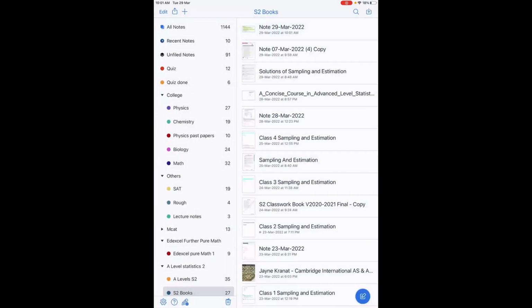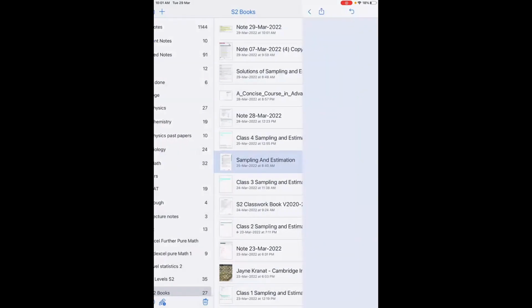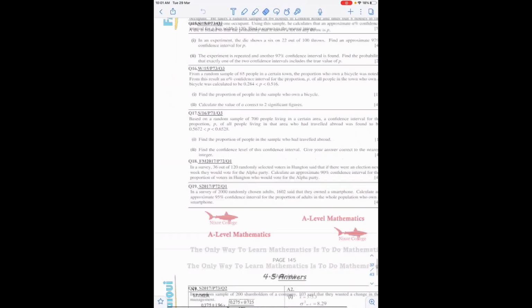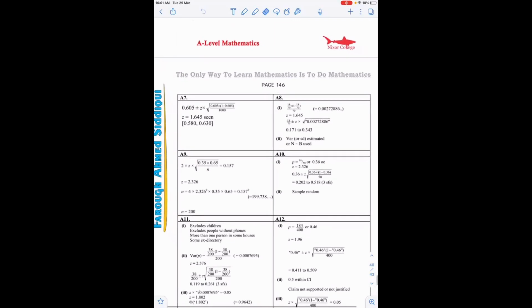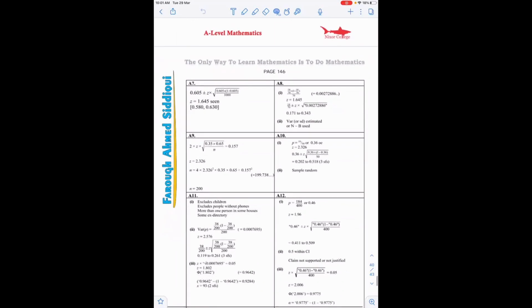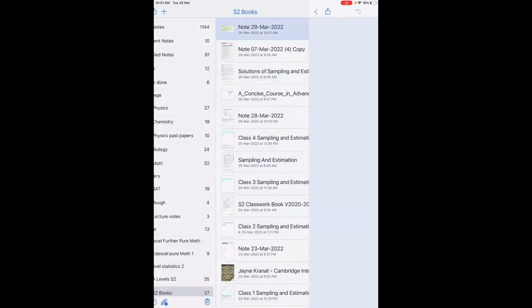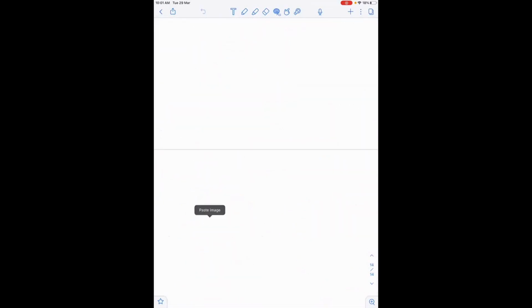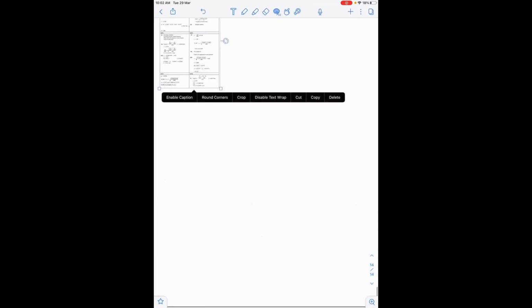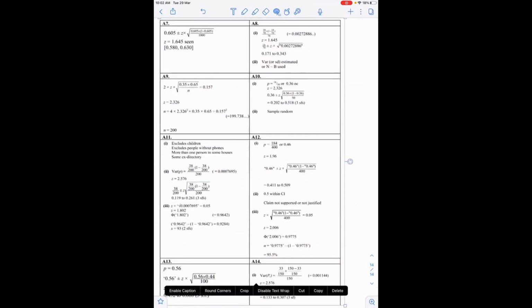We wrote 92.8, they've written 93, two significant figures.